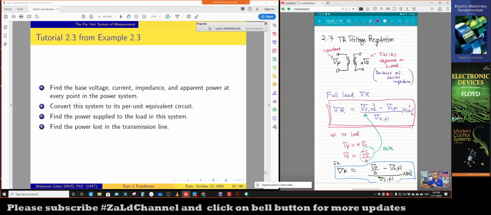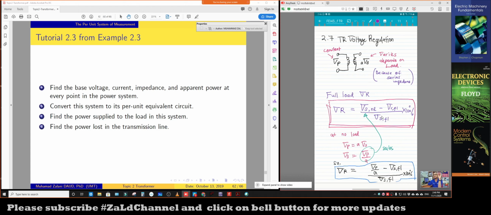So, maknanya VS ni yang no load, masa tak ada load, tolak dengan yang ada load, maknanya yang full load. Okay, divided by voltage at the secondary during full load.